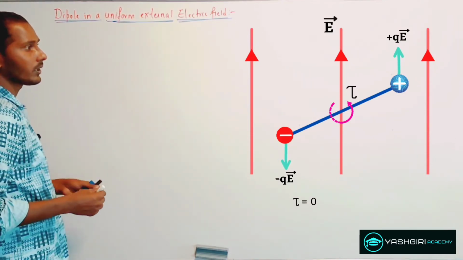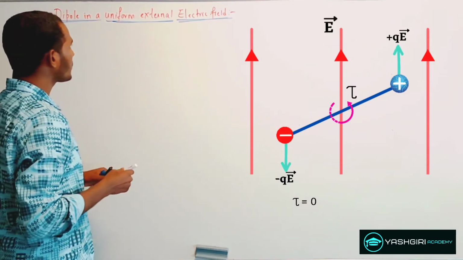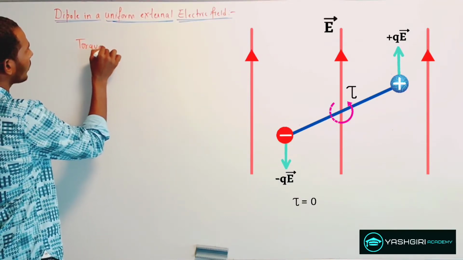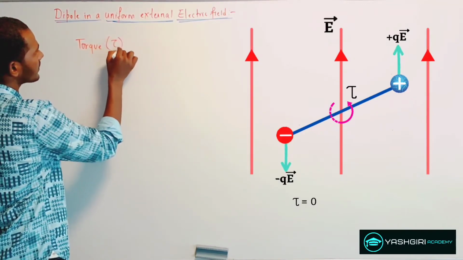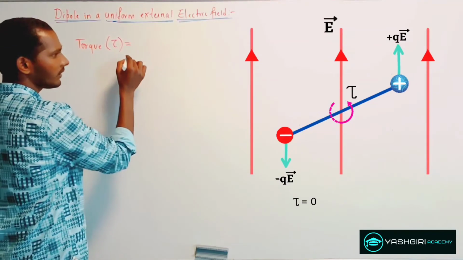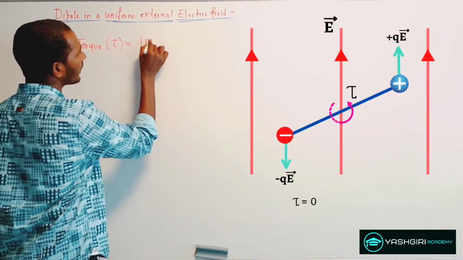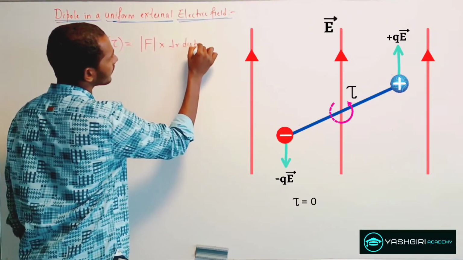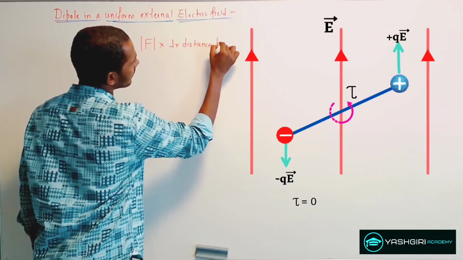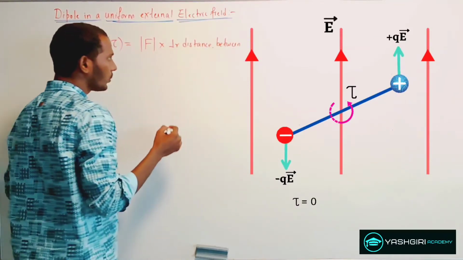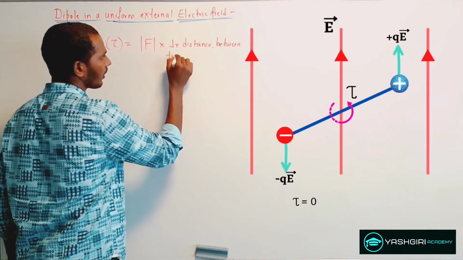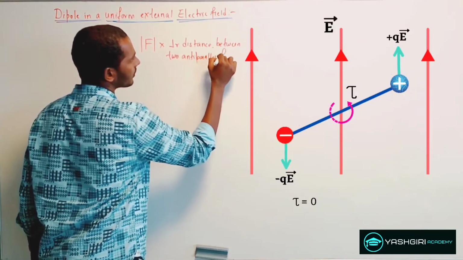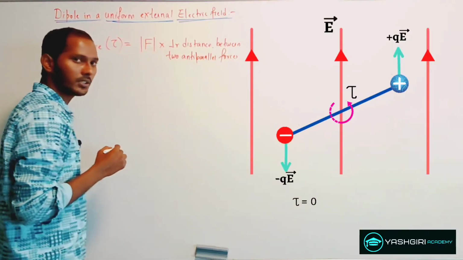To calculate the magnitude of the torque, which we represent using this symbol tau, it is the magnitude of any one of the forces into the perpendicular distance between the two anti-parallel forces. That's the definition to calculate the torque.